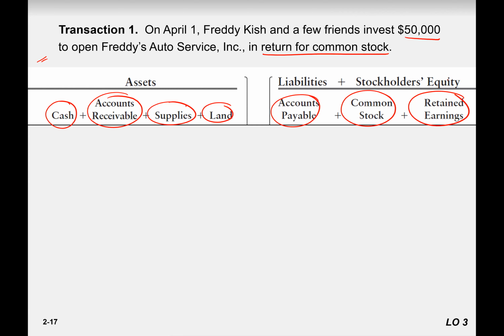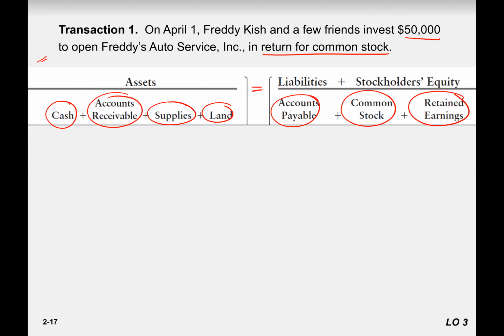Every transaction must affect at least 2 accounts, right? So how are we going to post it in our accounting equation? Assets is equal to, don't worry if there is no equals sign here, it is equal, liabilities plus owner's equity. This is the business equation, the accounting equation.